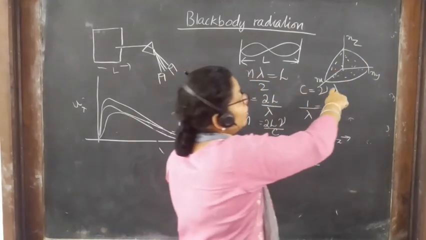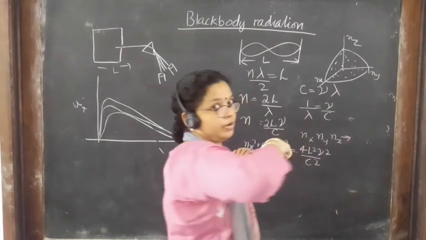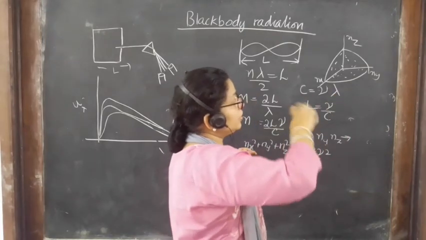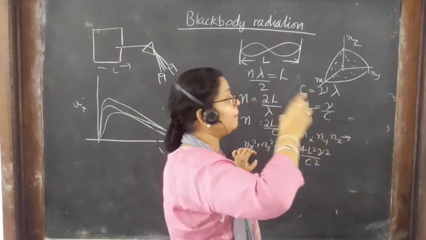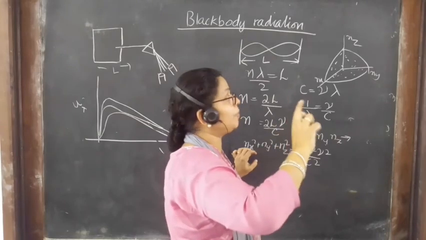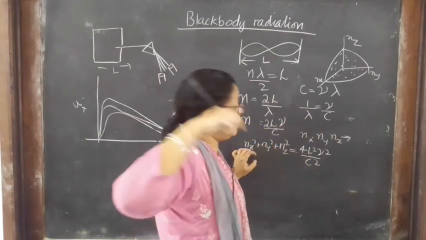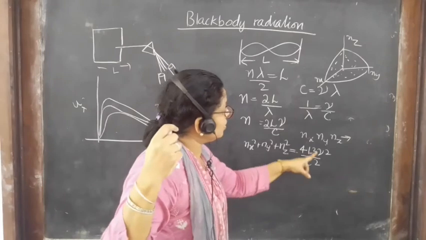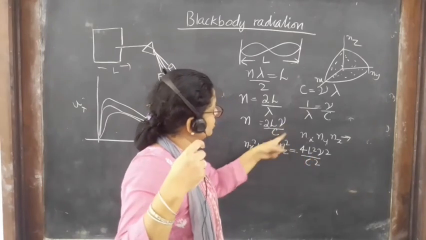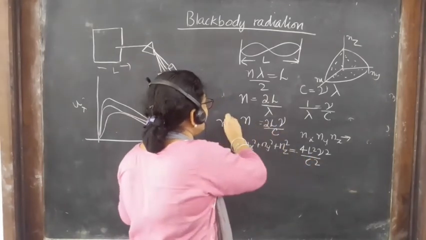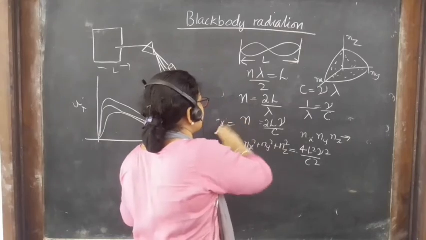But we can calculate only the positive quadrant. So the total volume will be 1 by 8 into 4 pi by 3 r cube, where r will be the square root of this.